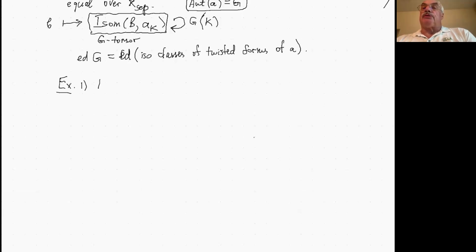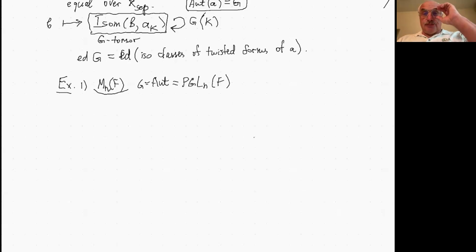The automorphism group, which is G, is the projective linear group of size n over F. And what is a twisted form of M_n(F)? M_n(F) is an algebra which is central, the center being the algebra of scalar matrices, and it is simple.